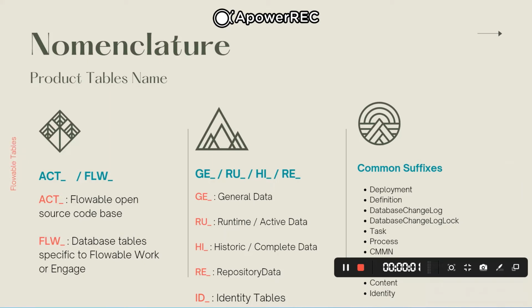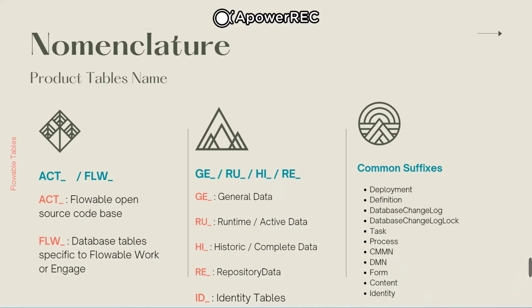Now the next is RE underscore, which stands for the repository tables and contains the static information around the models and definitions. After that we have ID underscore, which denotes the identity tables, containing the data for users, groups, members and privileges.